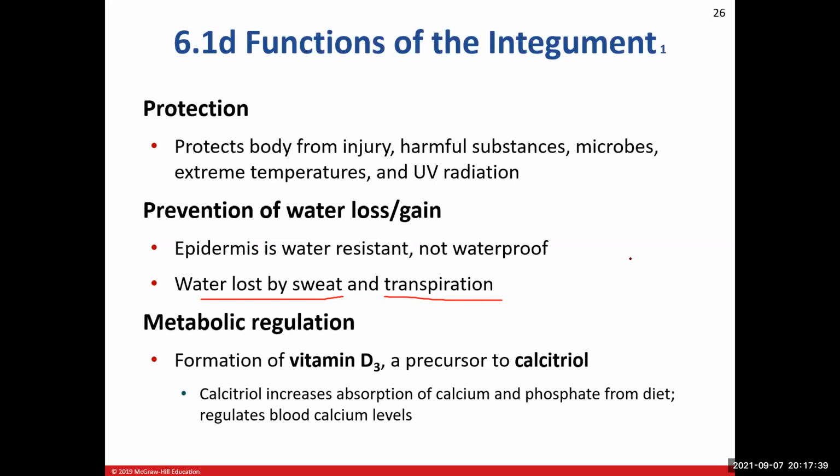Then eventually it has to go through different processes throughout the body in which it gets converted into calcitriol, a hormone that helps to increase the absorption of calcium and phosphate from your kidneys, and it helps to release calcium and phosphate from your bones when you have low blood calcium levels.